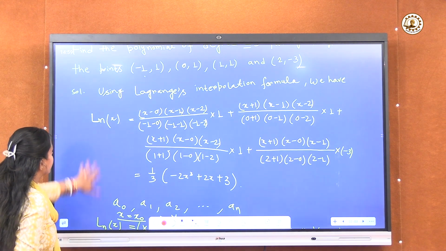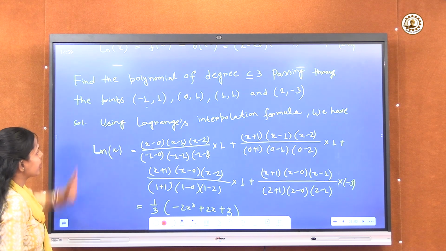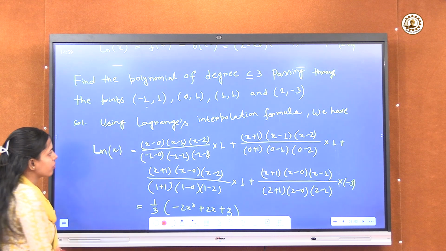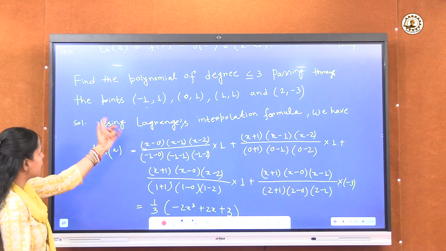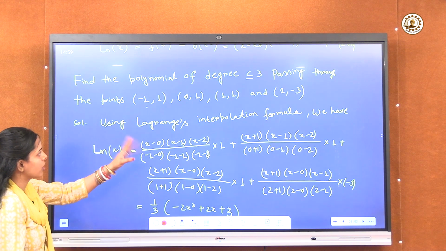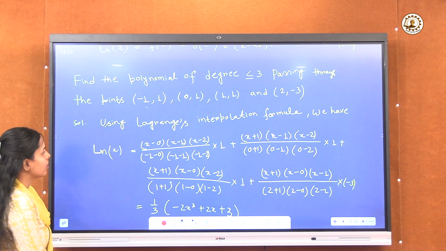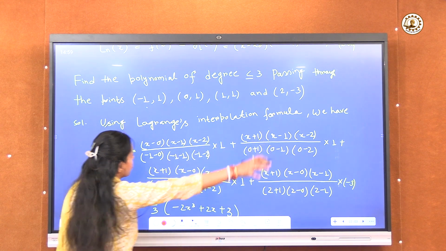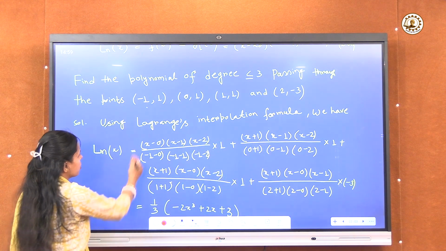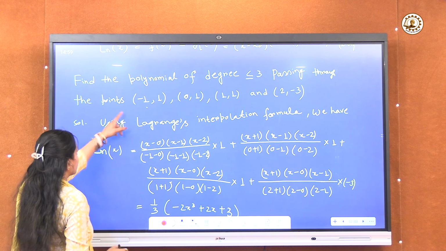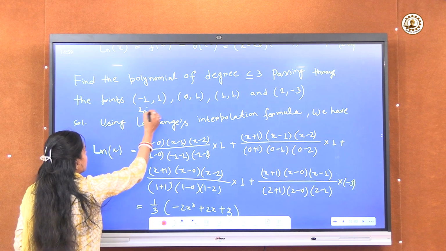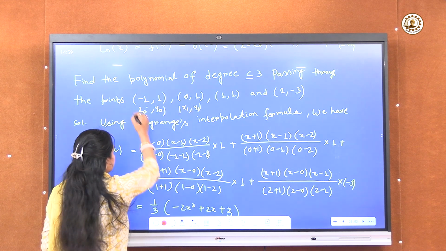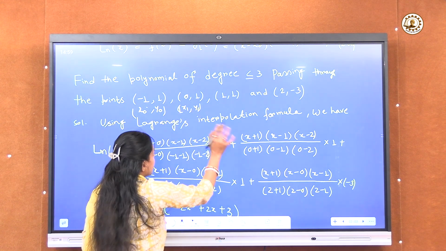Now we take an example, and here we apply Lagrange's interpolation formula. We get a polynomial of degree less than or equal to 3. Using Lagrange's interpolation formula, L_n(x) equals (x minus x0) and so on. Here x0, y0, x1, y1, x2, y2 and x3, y3 are the points, which are not necessarily equispaced.